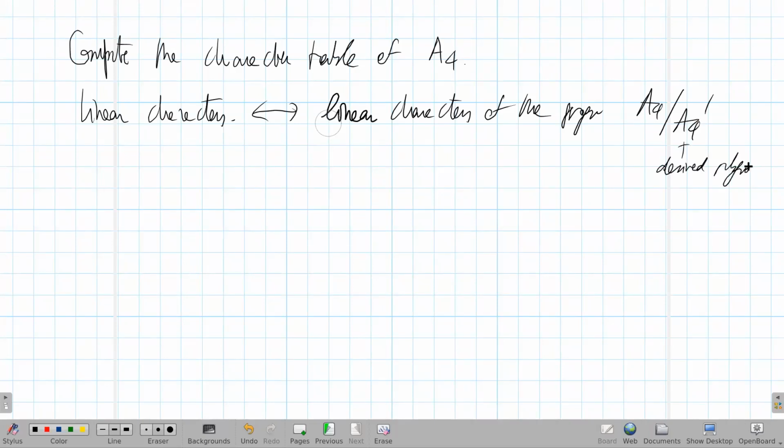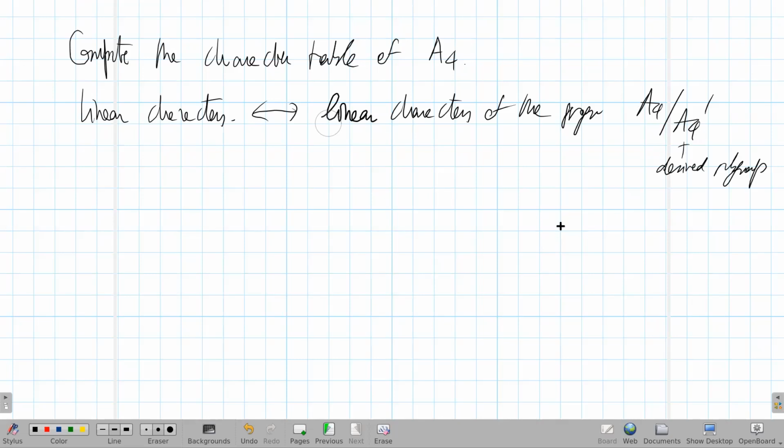This is something we had seen in the first part of the course when we were discussing soluble groups: since linear characters have an image which is abelian, because it's a subgroup of C star, the multiplicative group of the complex numbers, they have the derived subgroup in the kernel. So they are really morphisms from this quotient to C star.